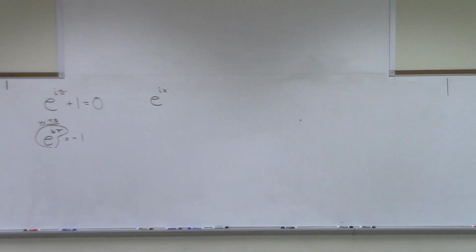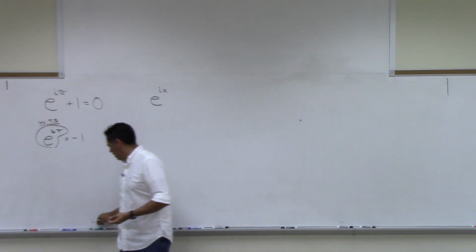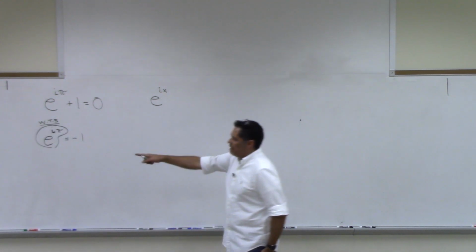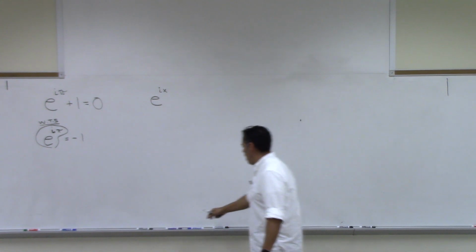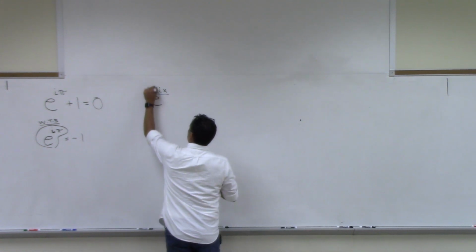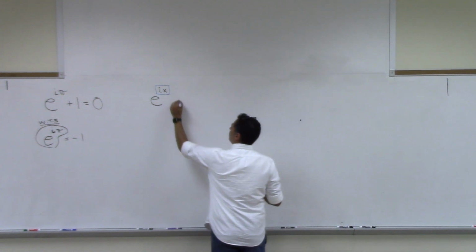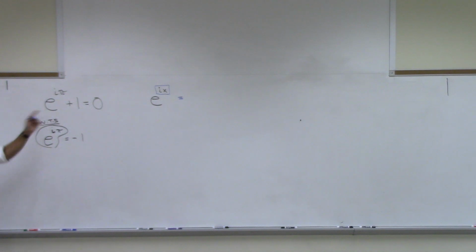And the way you use the formula is you just plug into that series, right? You just plug into that formula whatever's in that green box. That's the x in the power series. So let's write out the Maclaurin series for this, replacing all the x's here with ix.